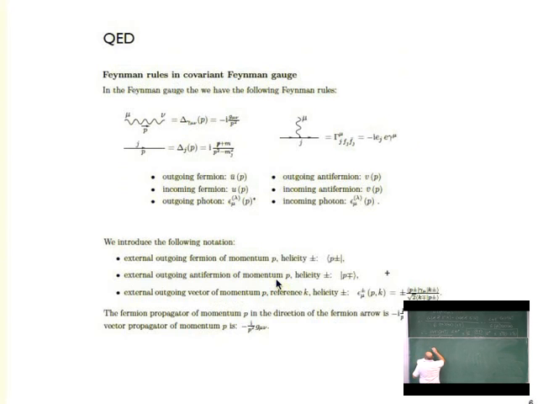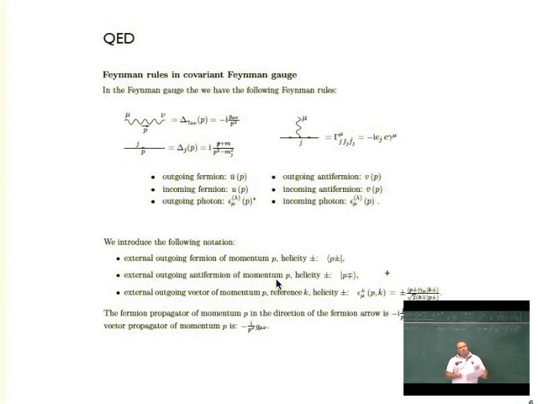So let's consider again e plus e minus to mu plus mu minus, and I will use all outgoing particles for all calculations. So my momentum conservation would be 0 equals p1 plus p2 plus p3 plus p4.